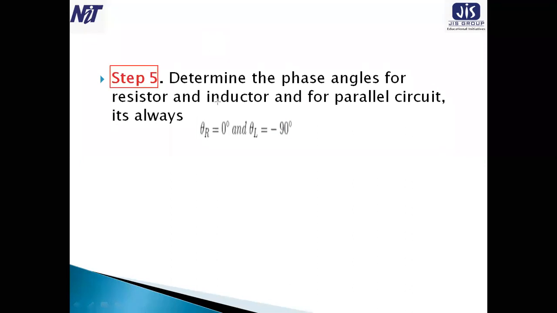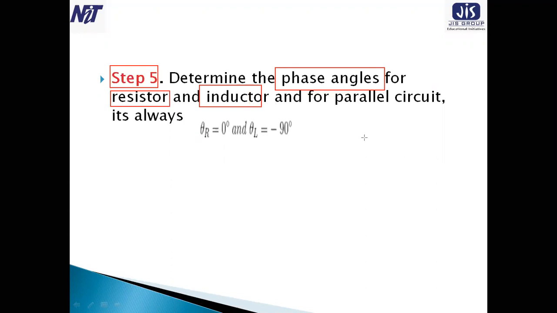Now, step 5. What is step 5? Determine the phase angle for resistor and inductor. For a parallel circuit, phi R equals 0 degree and phi L equals minus 90 degree.